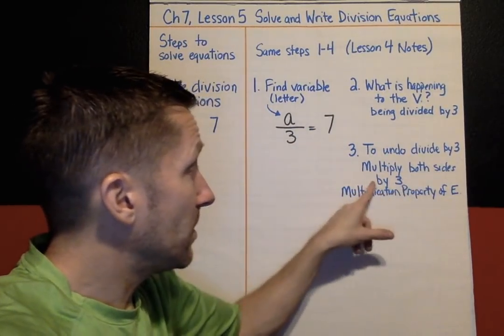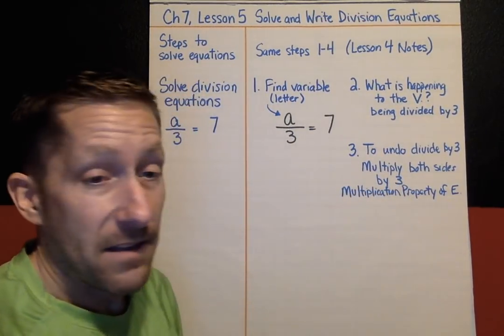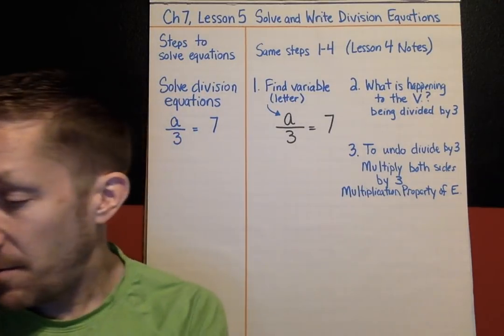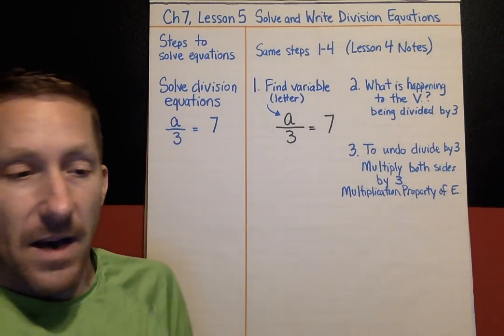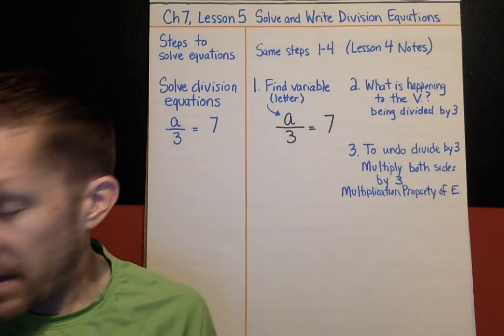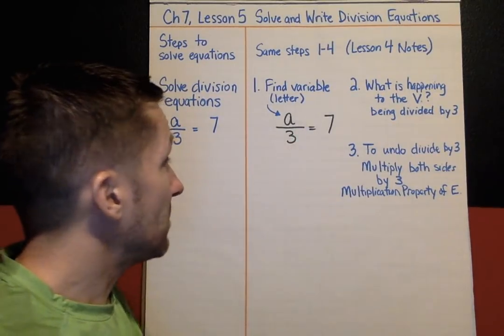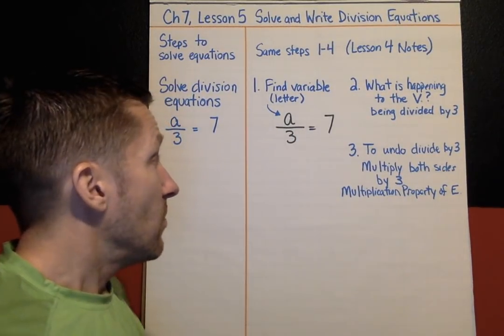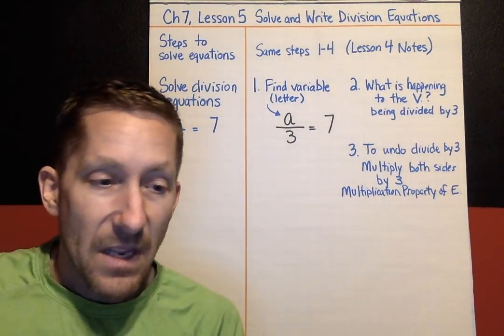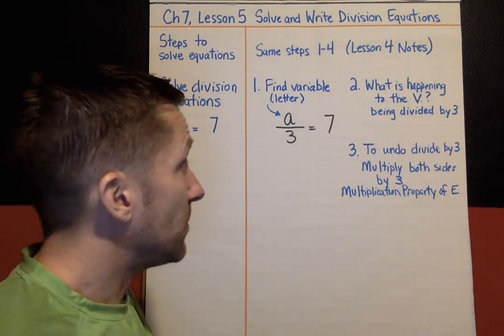We're going to multiply both sides by 3, and that is the multiplication property of equality. So again, most kids, the biggest confusion they have is with this notation. That means divide by 3. Now, how would I show that I want to multiply both sides by 3?